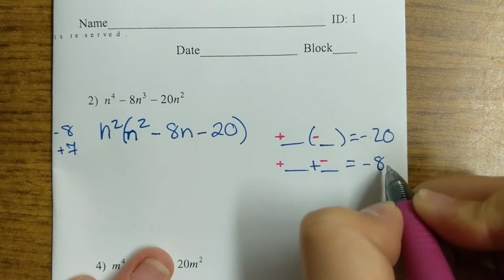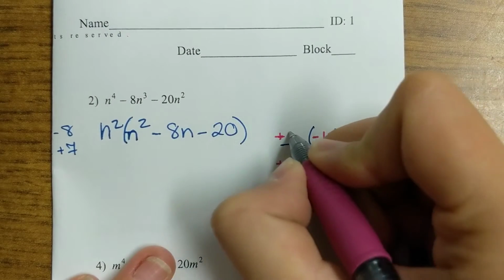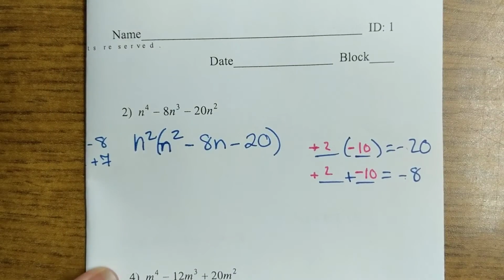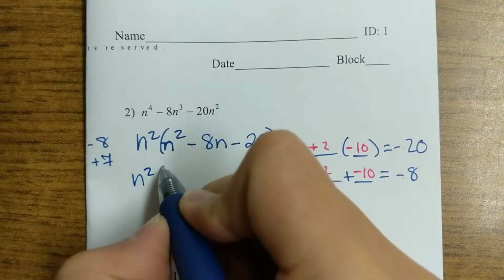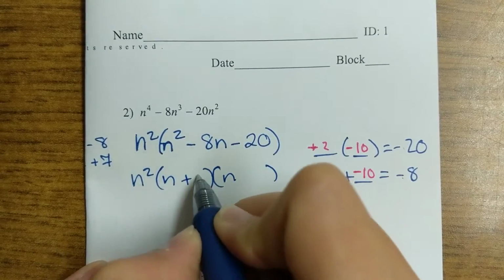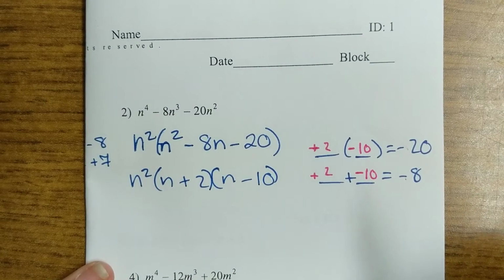The bigger number is going to be negative because the 8 is negative, so negative 10 and positive 2. So to completely factor, n squared times n plus 2 times n minus 10. Check just to make sure there's nothing else you can factor. Okay, and you're good to go.